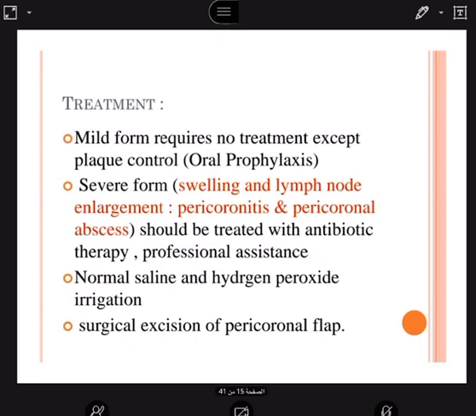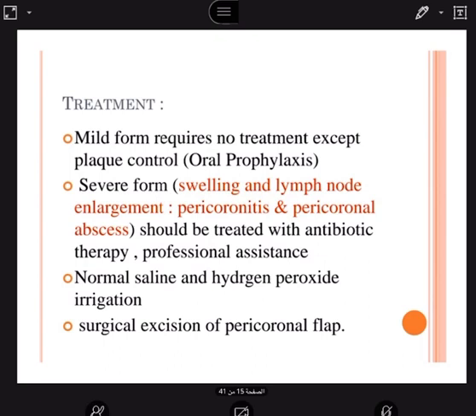Why can there be swelling and lymph node enlargement? Usually when there is a lot of irritation to the gums in very young children, they tend to put something in their mouth, like a toy or some kind of hard, fibrous object. If that object is not clean, there is a chance of secondary infection.